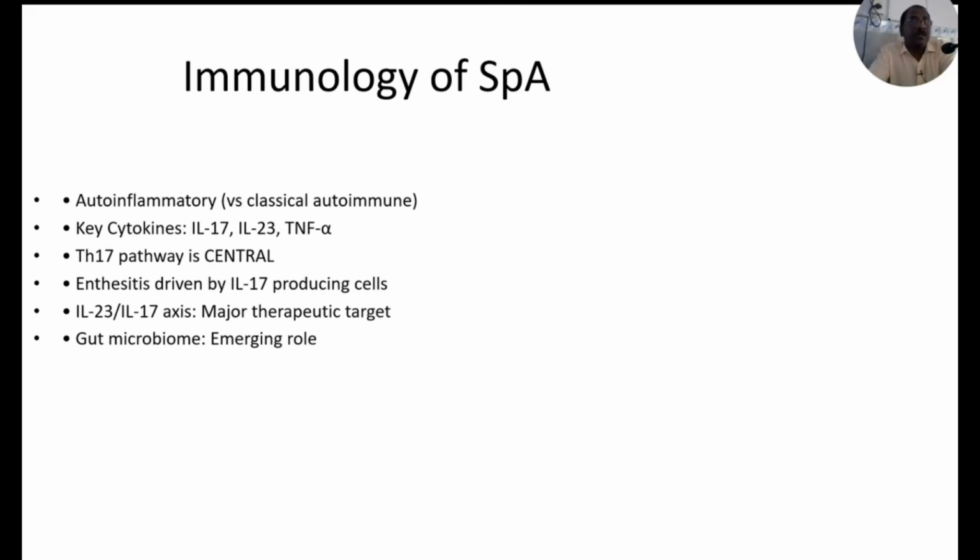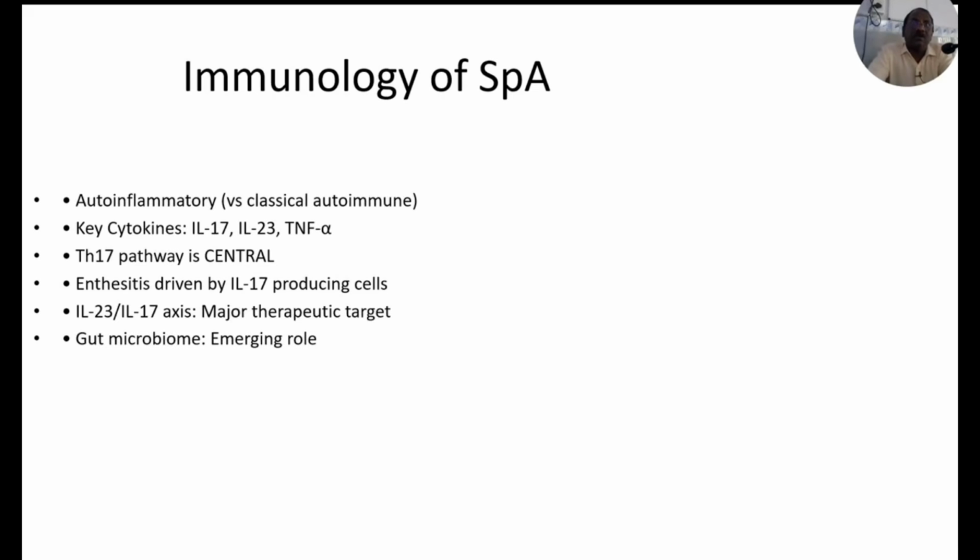This is very important because you have the biological drugs which act against the tumor necrosis factor, like etanercept, adalimumab, rituximab. In the same way, you have the interleukin 17 antagonist drugs also, they are the biologicals. So they are very useful.